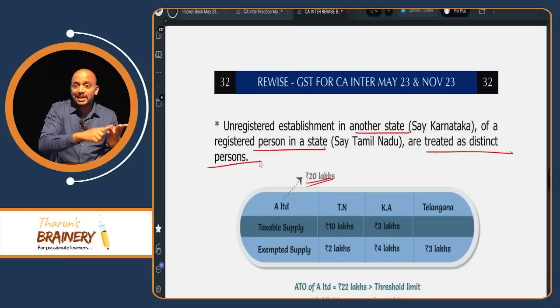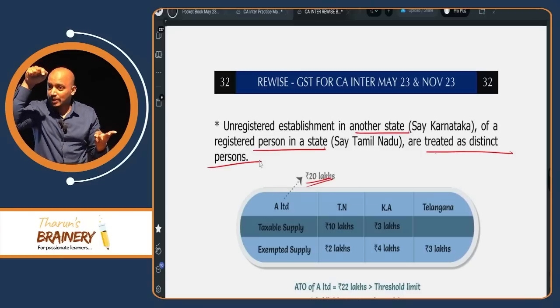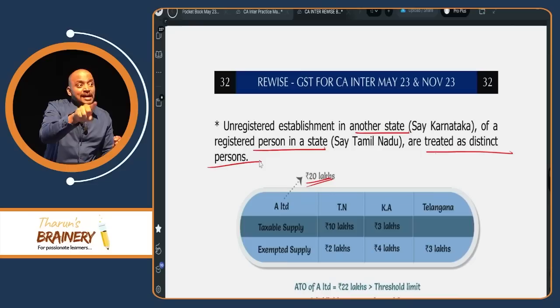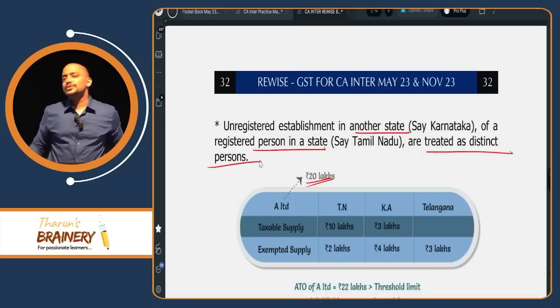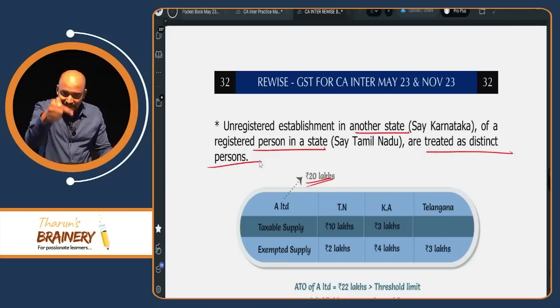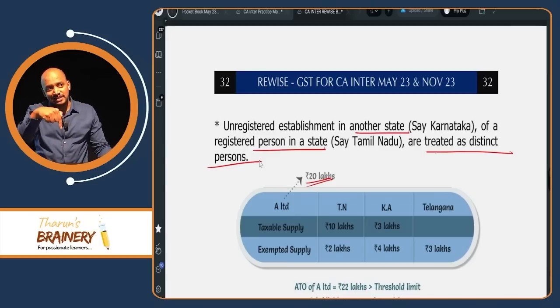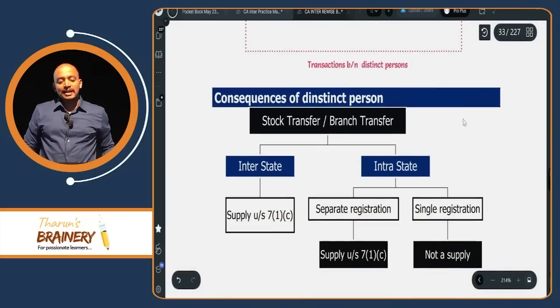Third, registered establishment with respect to a place of business in a state to another registered establishment in the same state. You understood? Only 3. Within the state, another unregistered establishment, will that be treated as distinct person? No.